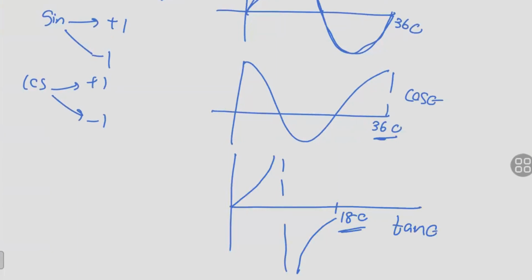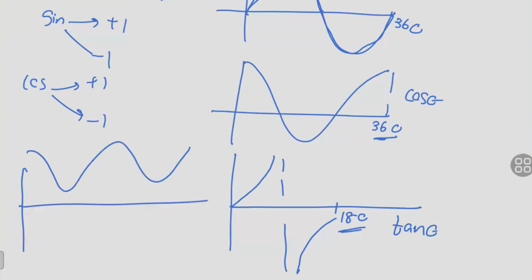Keep that in mind. Now, if they ask you to find it, let's say they have given a graph like this, and they give you y equals a plus b cos cx. Then they will ask you to find what this c value is.